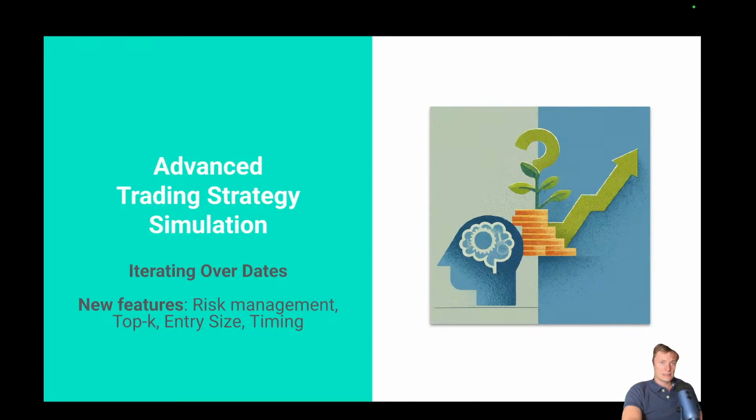And now let's look at the advanced trading strategy. So the core concept is that we iterate over dates. That means that we take one row of data, and that is essentially one ticker or one company and a lot of features.